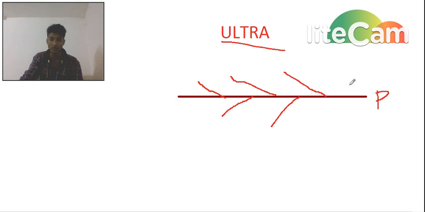I'm not showing the correct positioning, but the names are very important that you need to know. Just to repeat it once again: U is for upper subscapular nerve, L is for lower subscapular nerve, T is for thoracodorsal nerve, R is for radial nerve, and A is the axillary nerve, the 5 branches of the posterior cord.